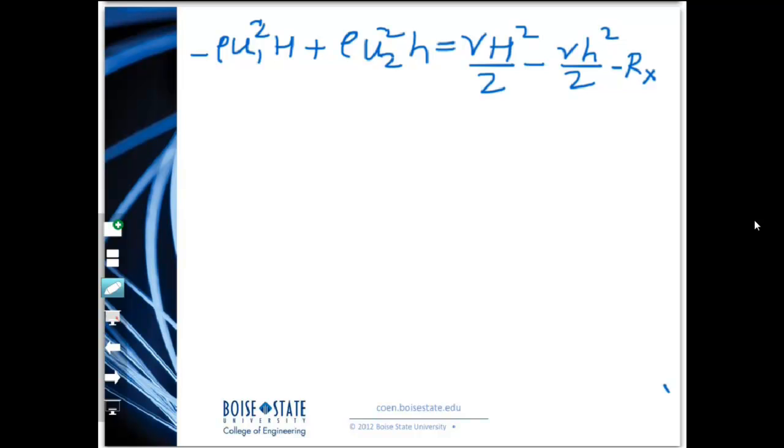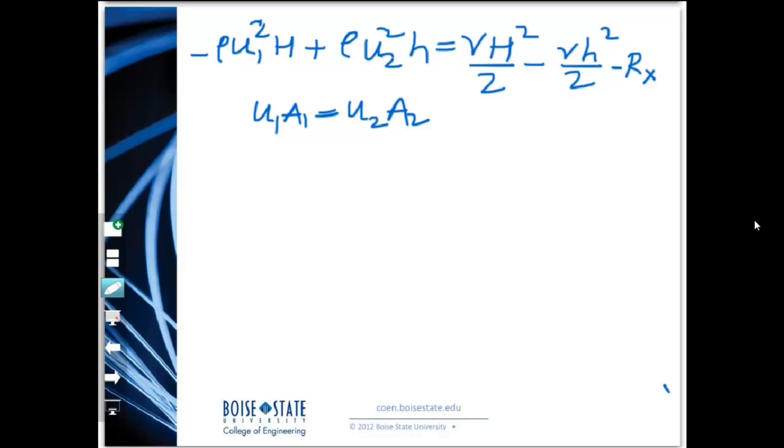okay, and you can always convert the velocity u2, which we don't know at this point, but you know that u1 a1 is u2 a2, and you can come up with a relation for u1 and u2, right?